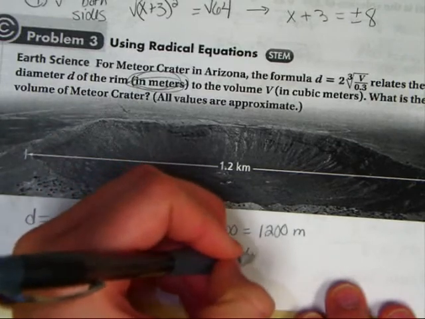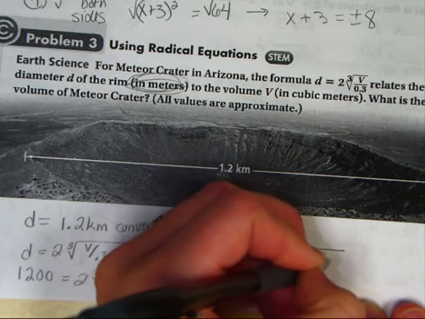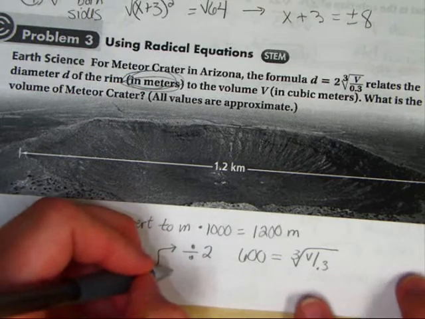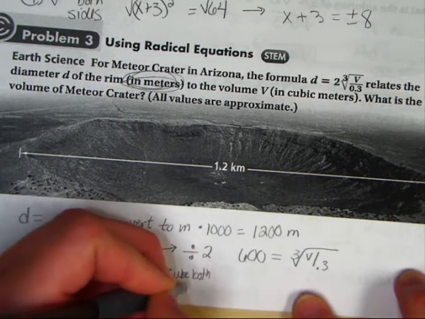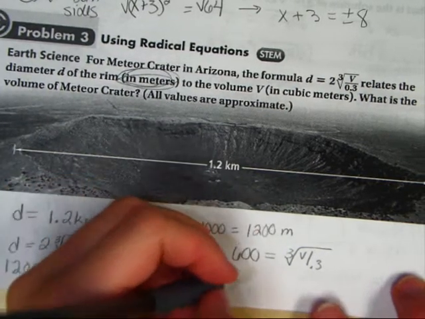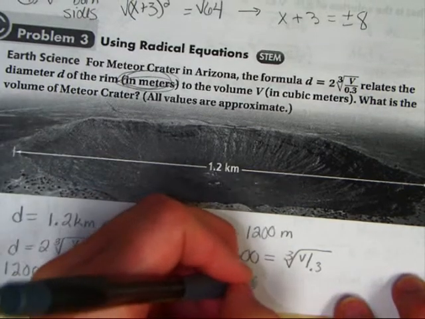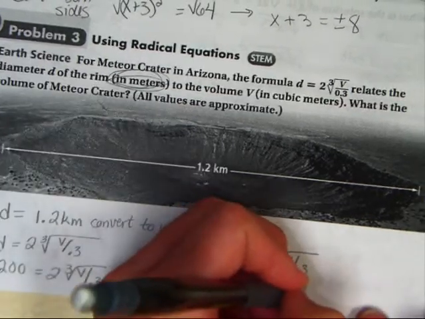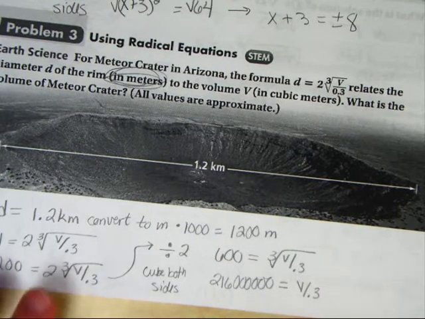So I get 600 equals the cube root of volume divided by 0.3. Now I have to get rid of the cube root, so I'm going to cube both sides. Now when you cube 600, you're going to get 216 with 6 zeros. And over here, you're just going to get v over 0.3. Okay, and that came from cubing both sides.